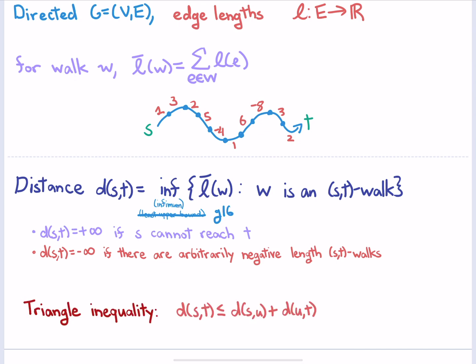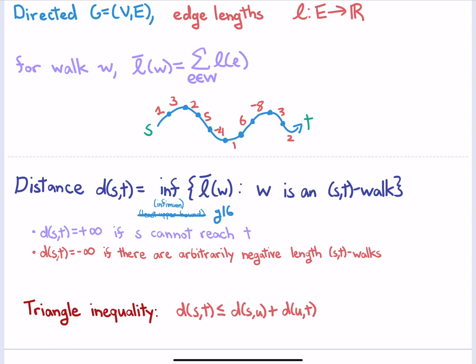And one nice thing that's easy to check is that the distances obey the triangle inequality, which makes sense. If I want to go from S to T, going from S to U, and then from U to T will give me a way to get from S to T. So that's an upper bound on the distance from S to T. Okay.